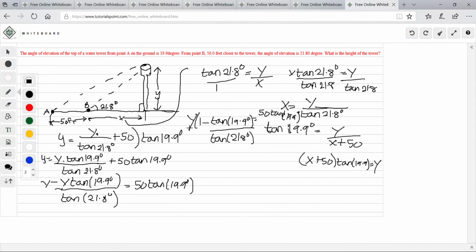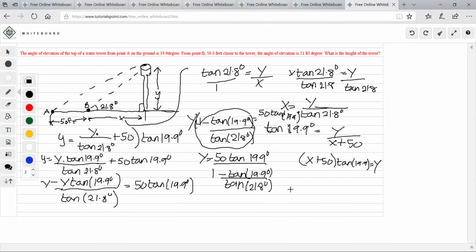Since I want to solve for y, I have to divide everything by this whole thing, right? When you do that, you get y equals 50 tangent 19.9 degrees over 1 minus tangent of 19.9 degrees over tangent of 21.8 degrees.